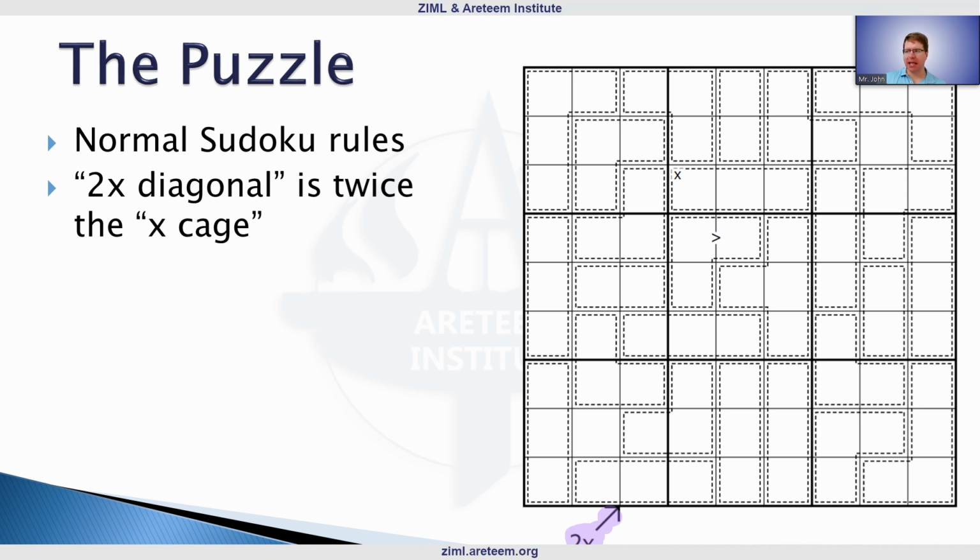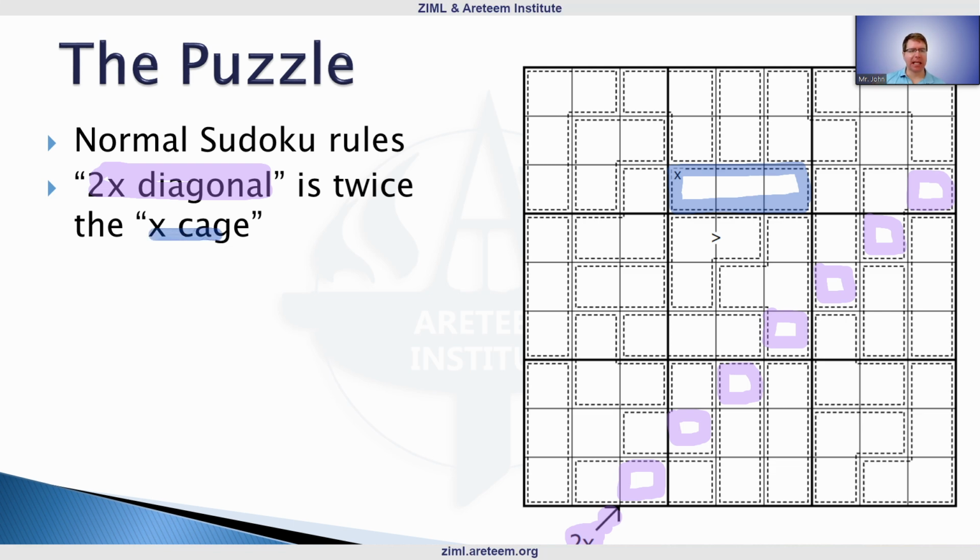That 2x diagonal is going to be all of the cells in this diagonal, all the way up, left to right. If we add all of those cells up on that diagonal, that's going to be twice the x cage. I do want to make sure we have all of the rules, even though some of these aren't super relevant for the portion I want to highlight.